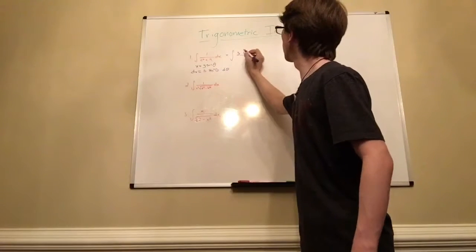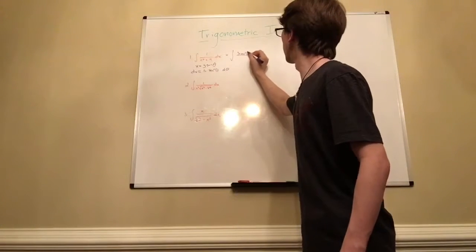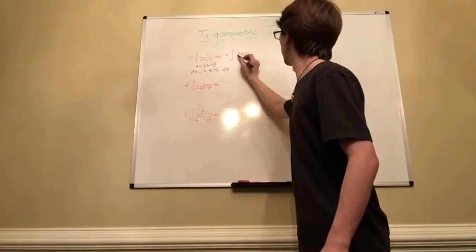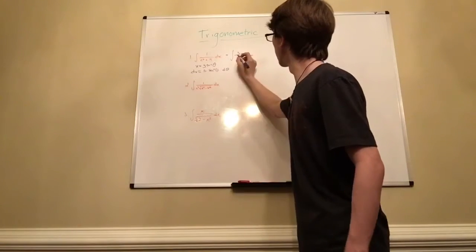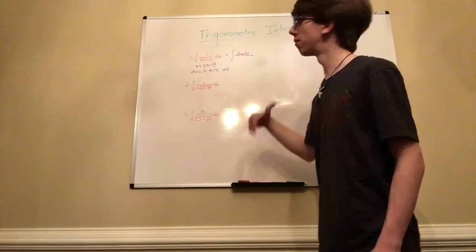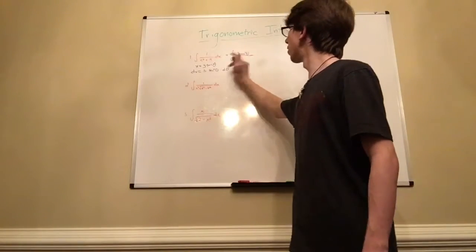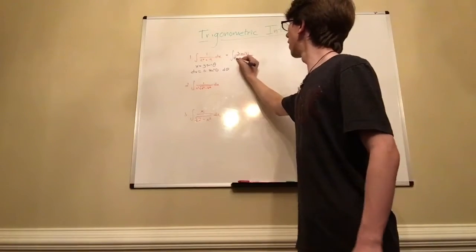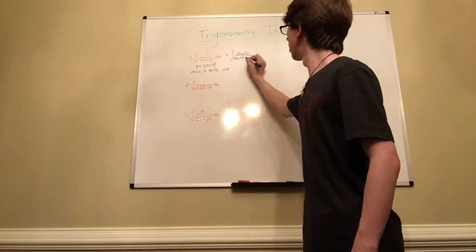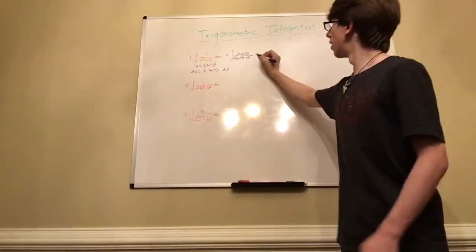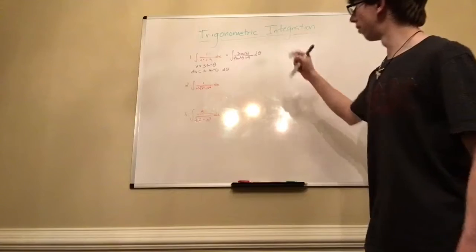So we're going to put 3 secant squared theta on the numerator, and then plug in our x, which is 3 tangent theta. So that's 3 tangent theta squared, which is 9 tangent squared theta, plus 9, and then d theta.